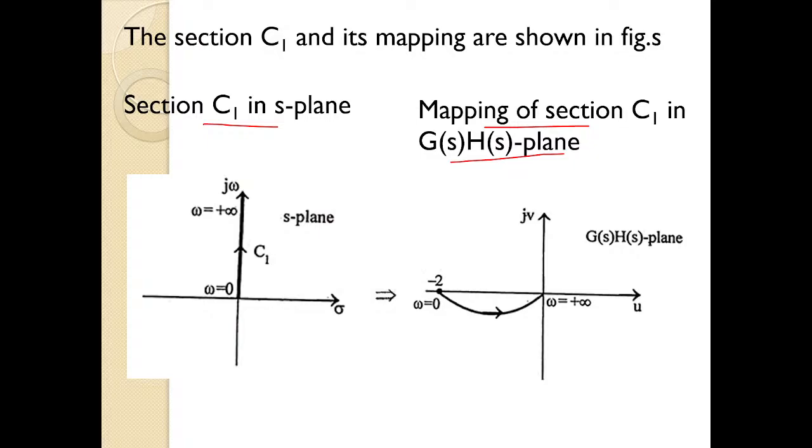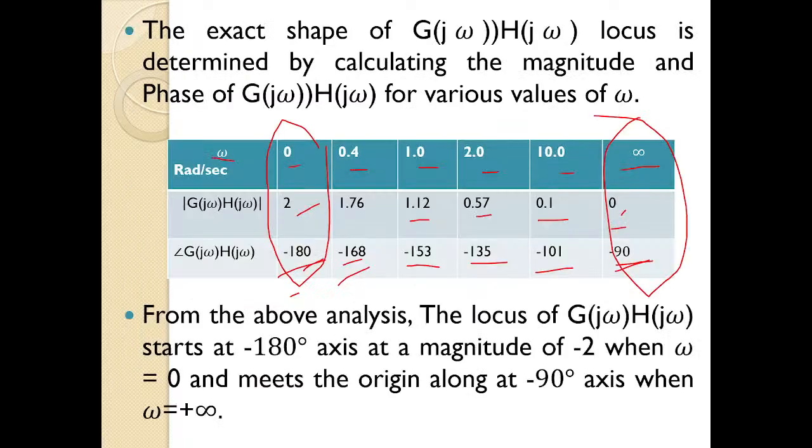One thing that comes to our mind is that instead of plotting in this quadrant, we can even plot this in this quadrant, isn't it? We can do that, but it is minus 90 here and minus 180 here, so definitely the plot should go in this way. If you still have doubt, for different omega values determine magnitude and phase.